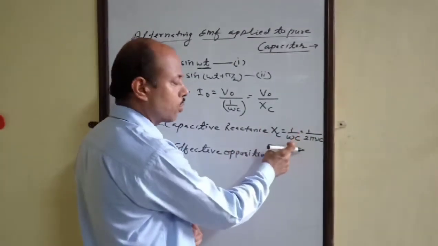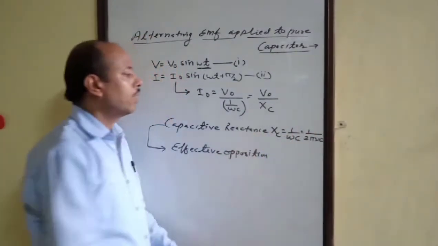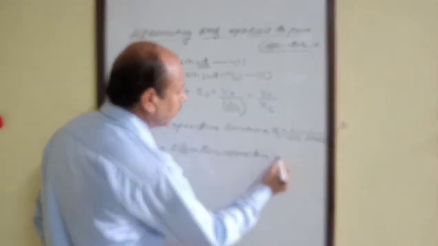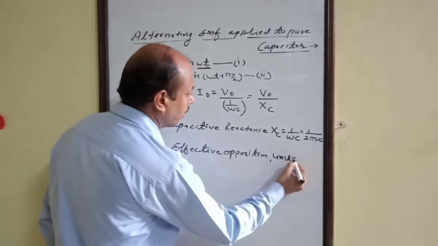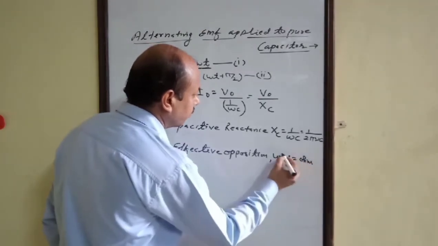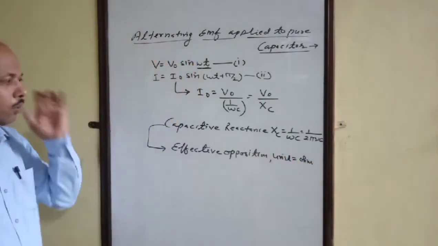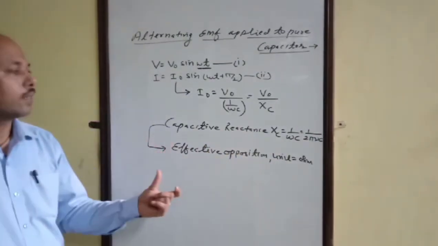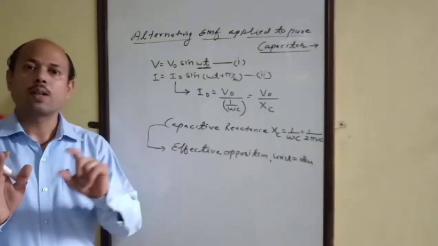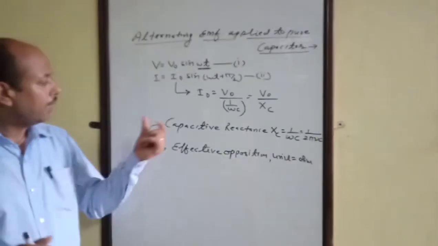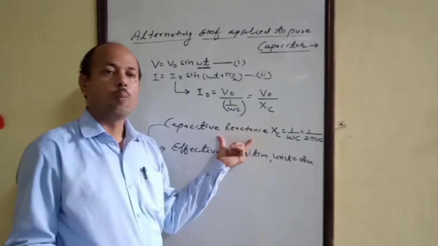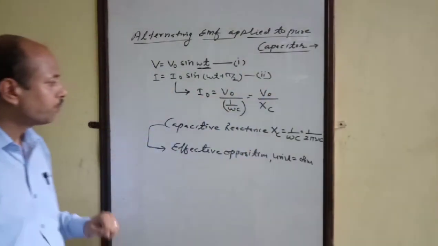The value is Xc equals 1 upon omega c, and that we can also write as 2 pi nu c, and the unit of capacitive reactance will be... It means capacitive reactance will play the role of resistance. Resistance plays the role for a resistor, and the capacitive reactance will play the role of opposition for the capacitor.